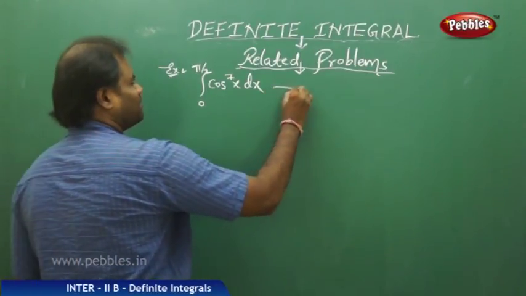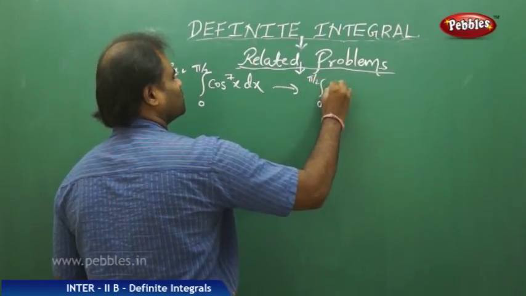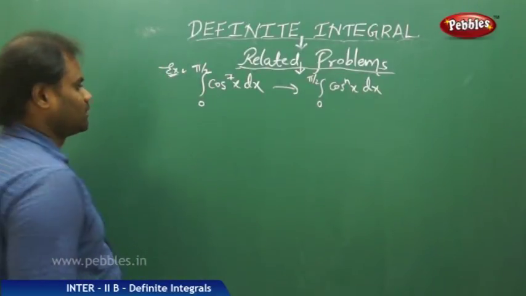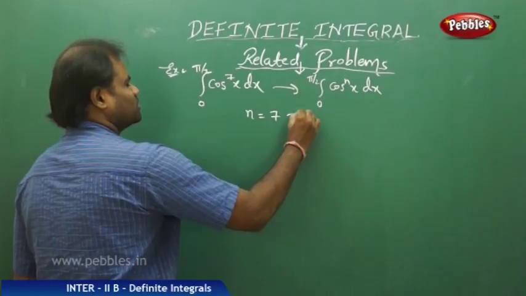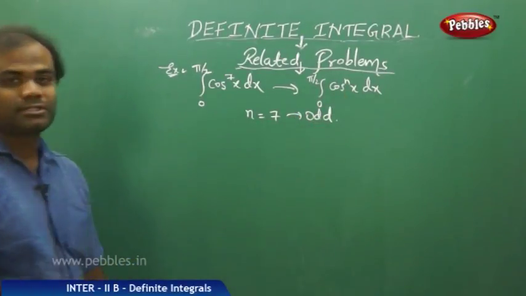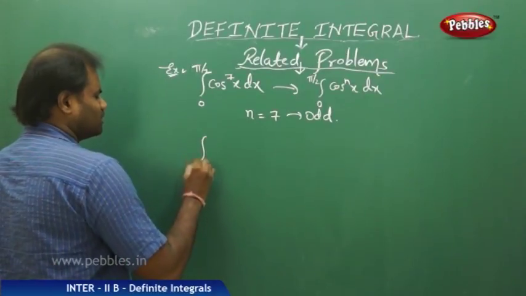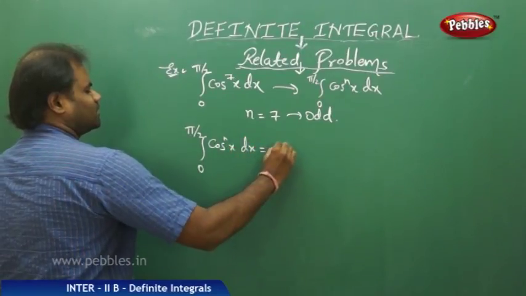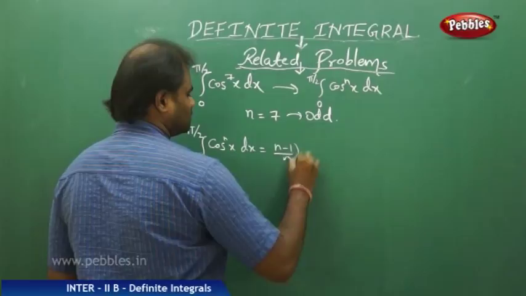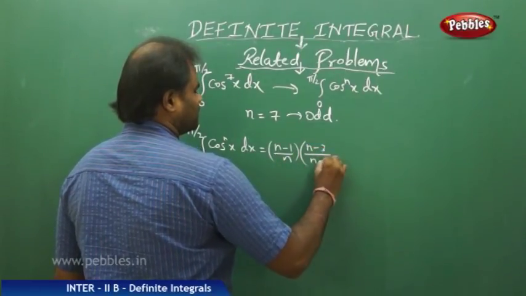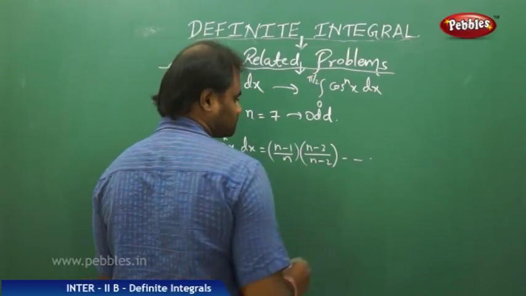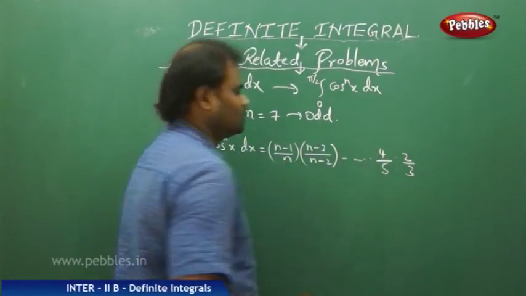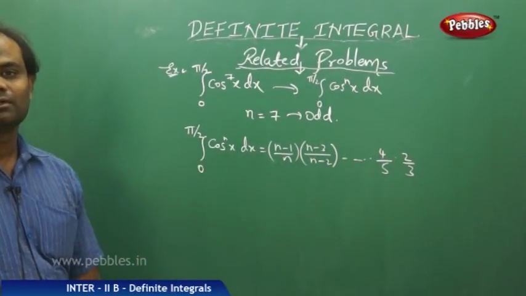Clearly, when I compare this with integral 0 to pi by 2 of cos power nx dx, I see that my n is 7, which is odd, and therefore taking the odd case of integral 0 to pi by 2 of cos power nx dx, which is n minus 1 by n times n minus 3 by n minus 2 and so on, this is what we get in case of the reduction.